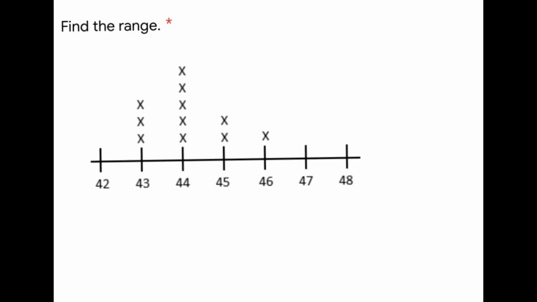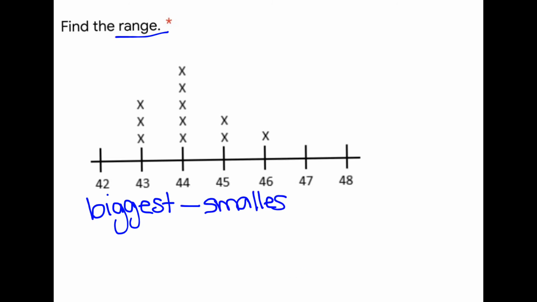Find the range. Our range, once again, is our biggest or greatest minus our smallest. If you remember our definition from yesterday, it is the difference, and difference is the keyword for subtraction, of the greatest number and the least number.